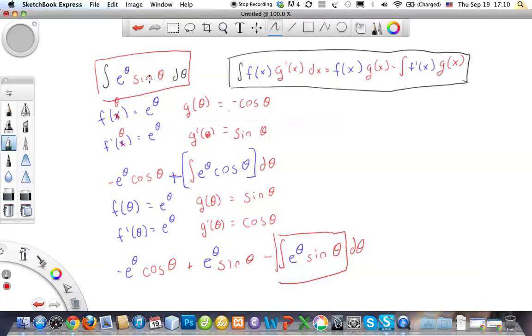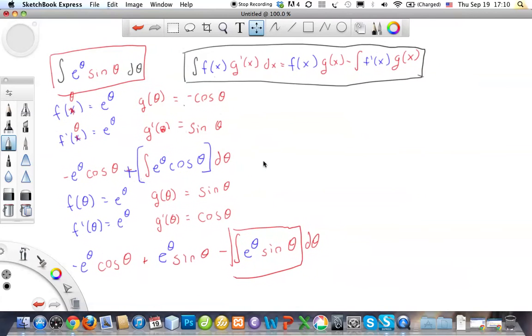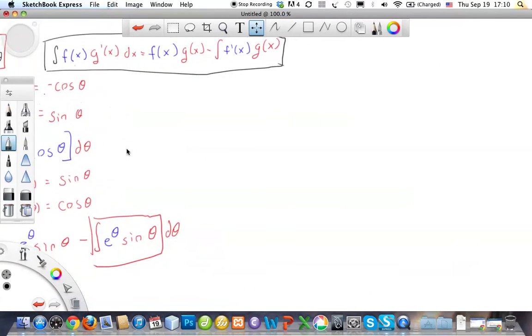So what I'm going to do is set this equal to this, and then you'll see what I'm doing in a second. So I'm going to get our original integral. Let me try to move the screen.